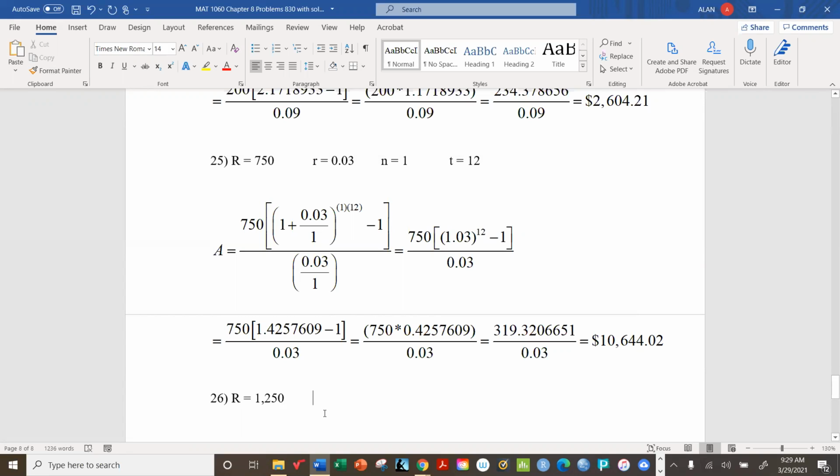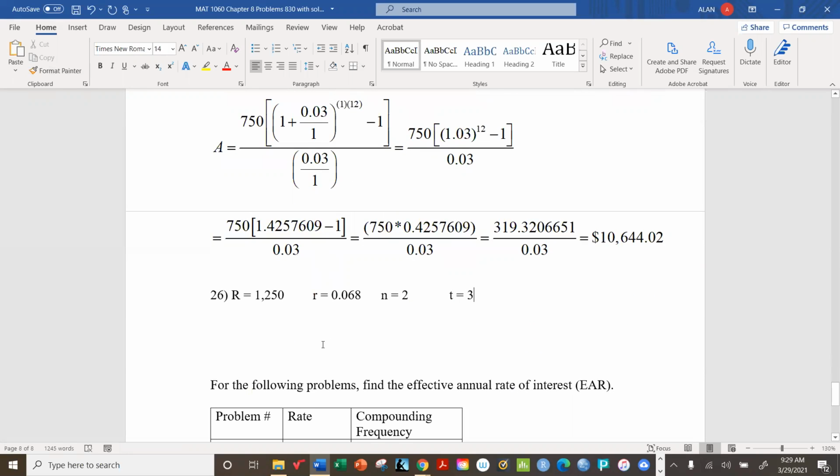And then we know that the rate is 6.8%. And it's semi-annual this time. And for 3 years. Okay, so let's do it.